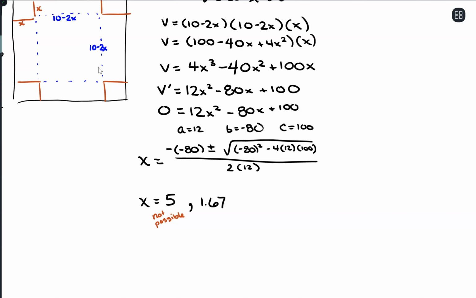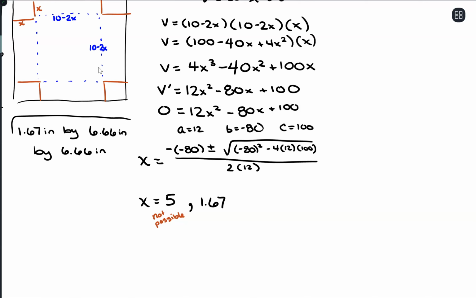So with that, our dimensions will be 1.67, and actually let's put in units, 1.67 inches by 10 minus 2 times 1.67, which is 6.66 inches by 6.66 inches.